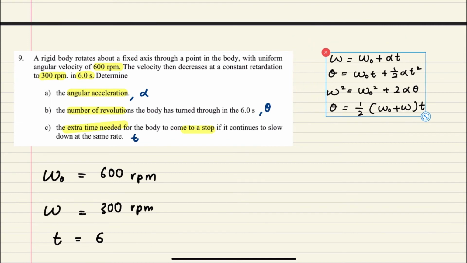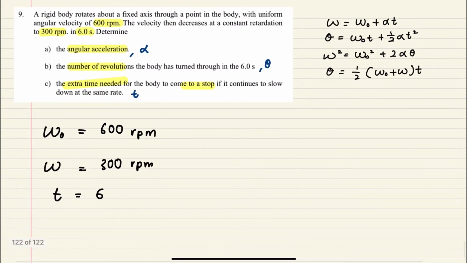But remember, if you want to use this formula, you have to convert to SI unit first. RPM is not in SI unit, so you have to convert. It is actually revolution per minute, so you want to cancel out revolution.